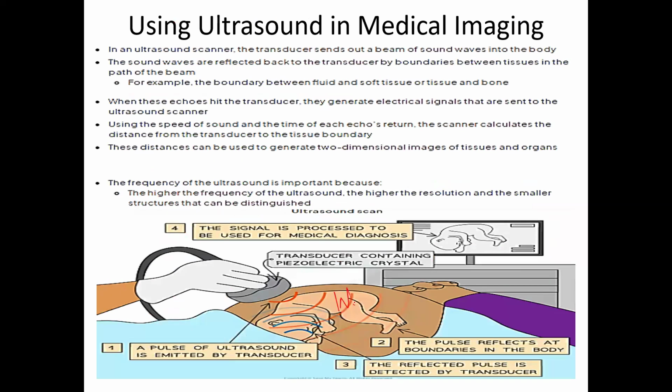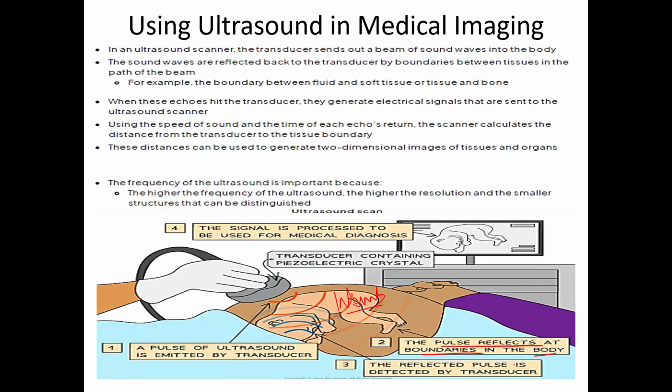The ultrasound transducer is going to produce the ultrasound waves. Those waves are going to hit the other object inside the body, and then pulses are going to be reflected at the boundaries in the body.